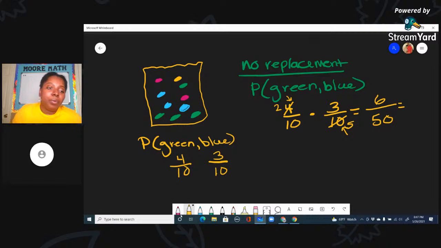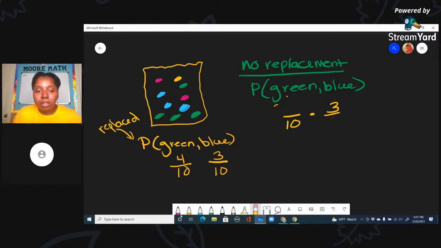So on the left, we replaced it, and we put it back in the bag. And on the right, we didn't replace it, but you have the same numbers, right? 4 out of 10 and 3 out of 10. So let me put that back. Which one is correct? The replaced one.